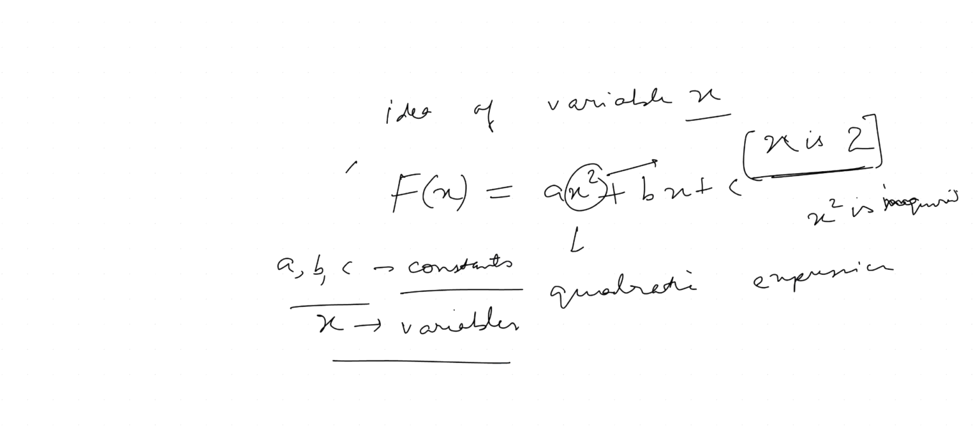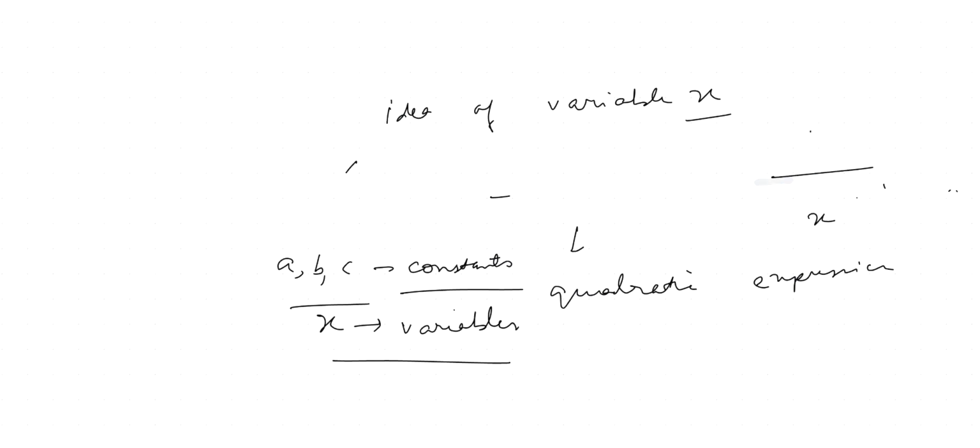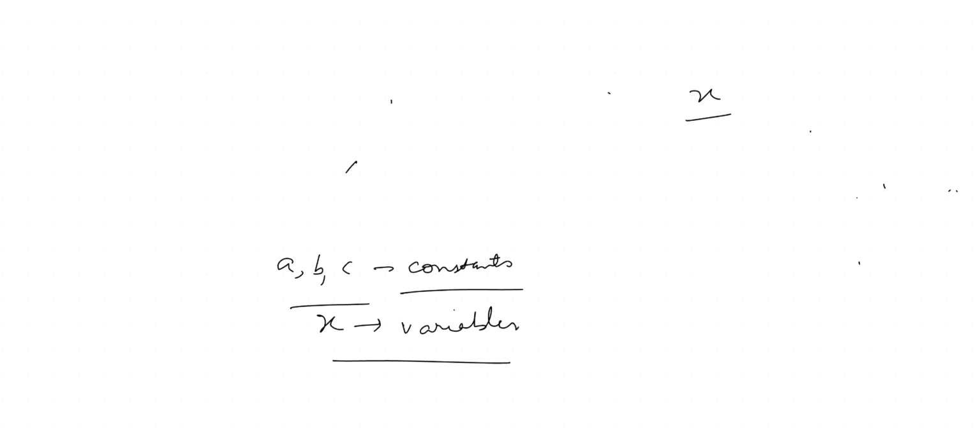Now, what we have understood is that x² is mandatory for it to be a quadratic equation. Is the other term, which is x, also mandatory? Any ideas? The answer is that the other term, which is x, is not mandatory. The term with the coefficient b may or may not be there in a quadratic equation.